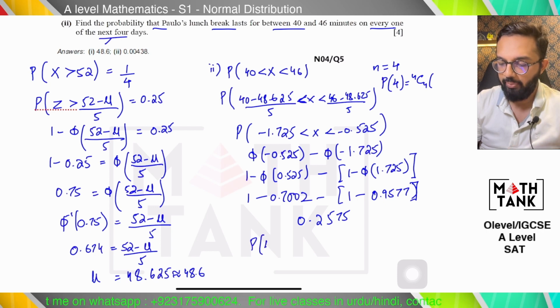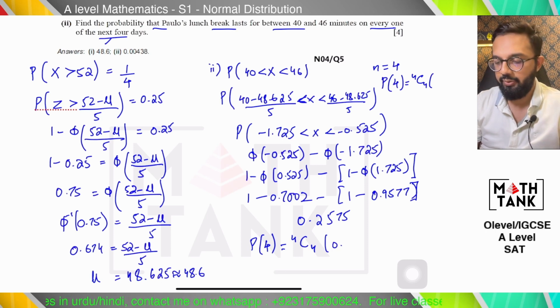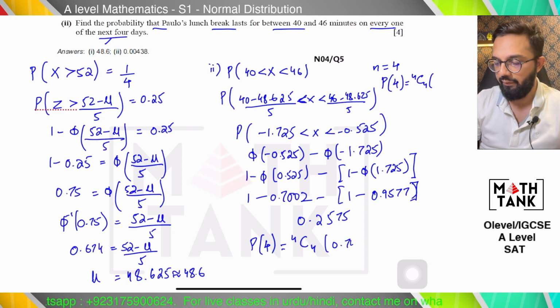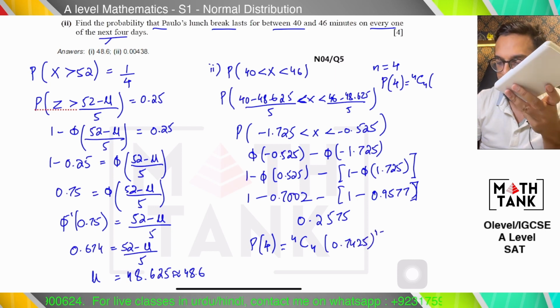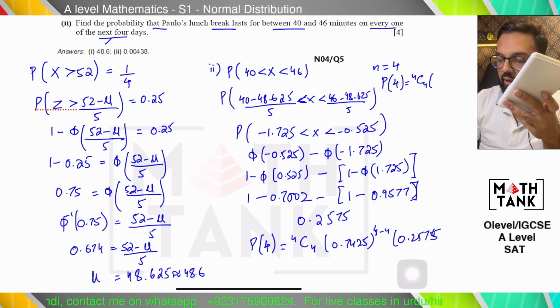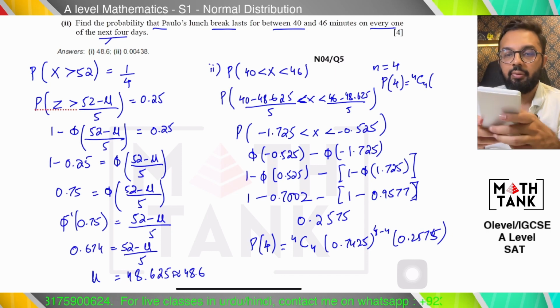I'm talking about how many successful outcomes? 4 successful outcomes. So 4C4, and I'm trying to calculate q, 0.7425 power 4 minus 4 and 0.2575 power 4. I'm doing a trial on all 4 days. Remember that.